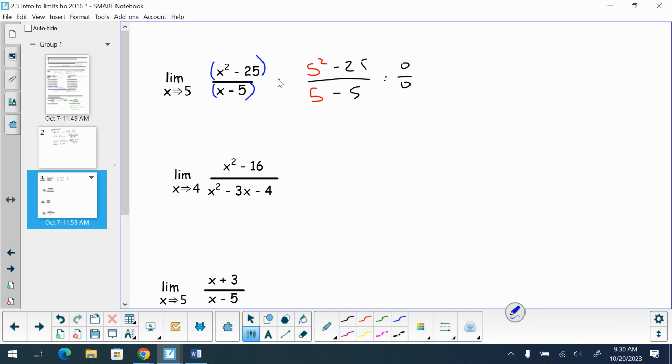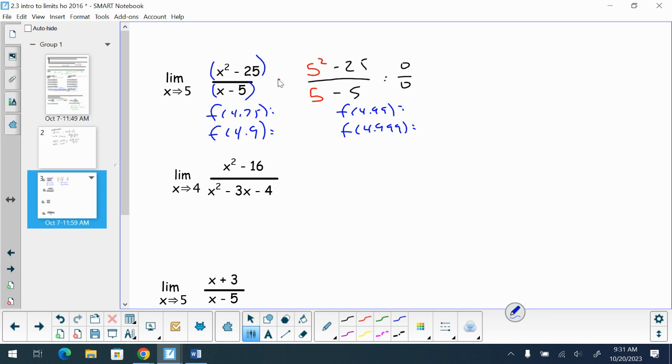4.75. F at 4.75. F at 4.9. F at 4.99. F at 4.999. And we can find our values that way.